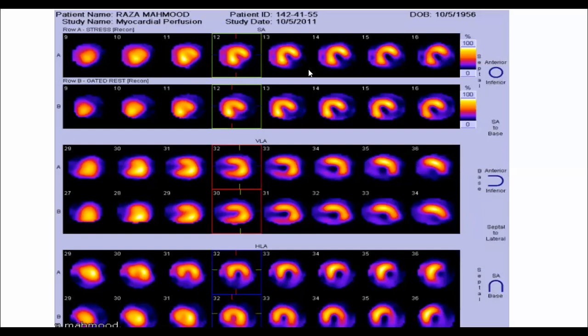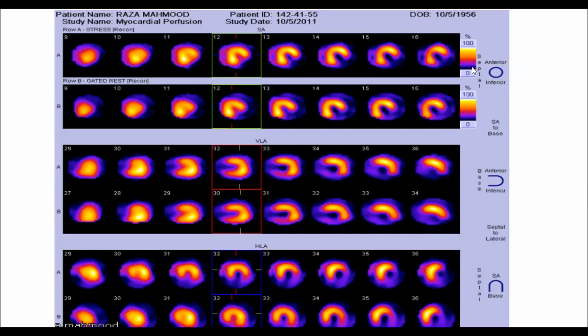Then at cavity level, inferior is a second segment, and inferolateral is the third segment. At the basal level, inferior and inferolateral, so these are two more segments. So there are five segments. Five segments mean a large size perfusion defect. So there is a fixed perfusion defect of large size, and what's the severity?